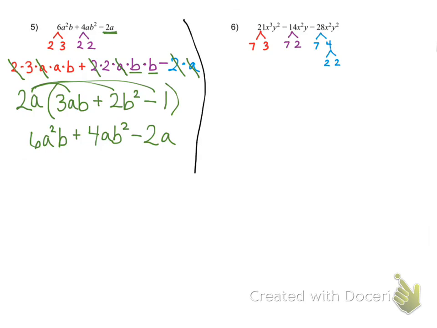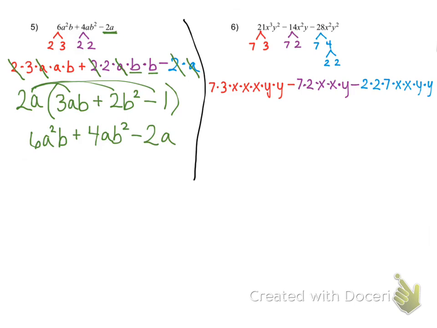So if we write out our expression, we have 7 times 3 times x times x times x times y minus our second term, we have 7 times 2 times x times y minus our last term, we have 2 times 2 times 7 times x times y.